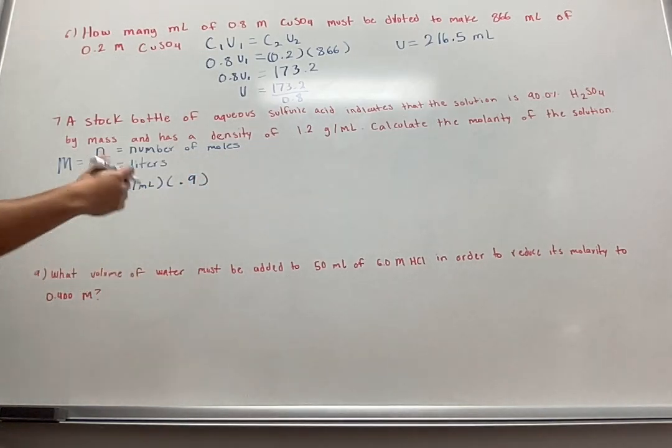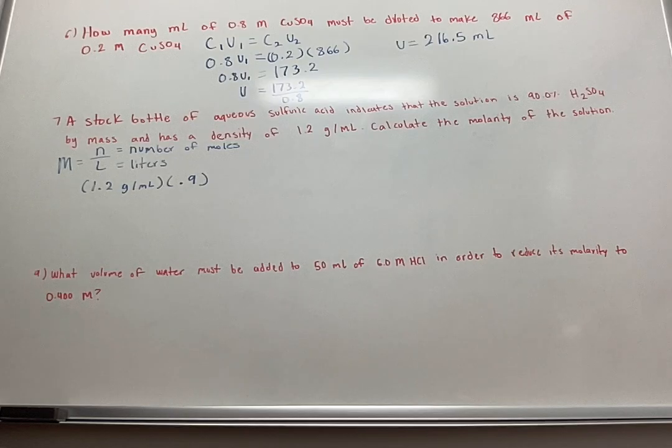You can't multiply by 90 because that's a percentage; we need to use the decimal. So 1.2 times 0.9 should give you 1.08 grams.